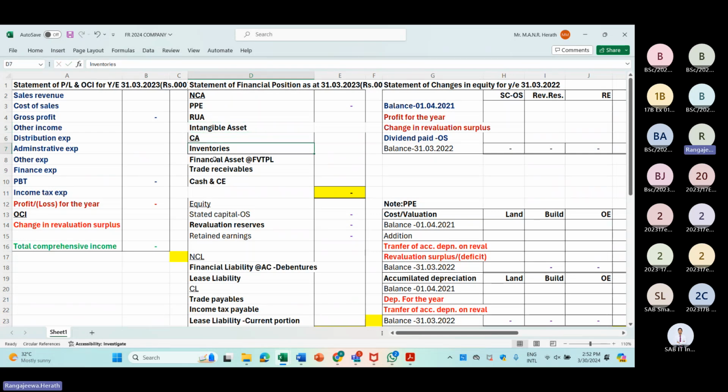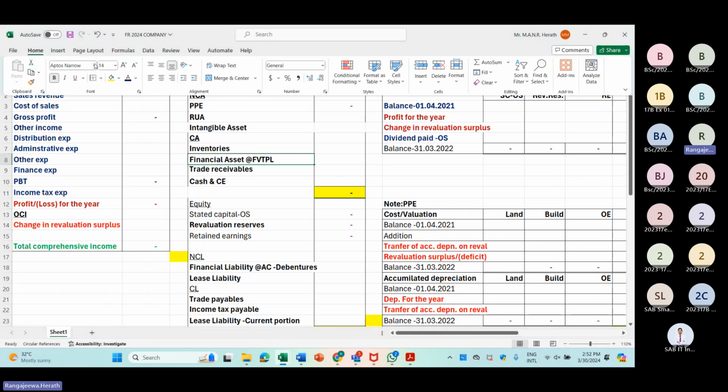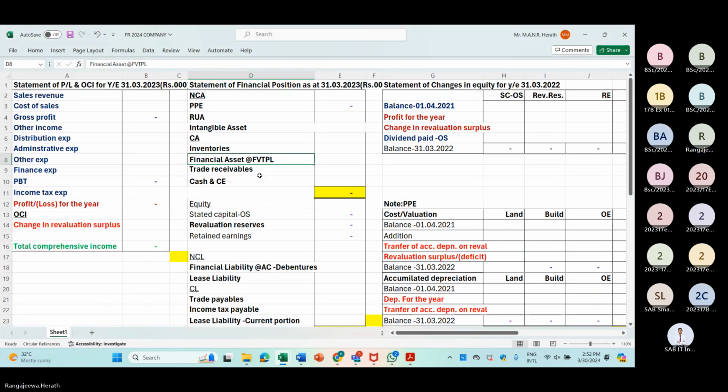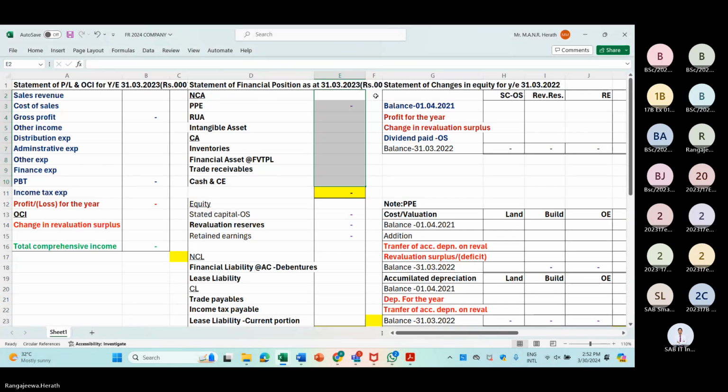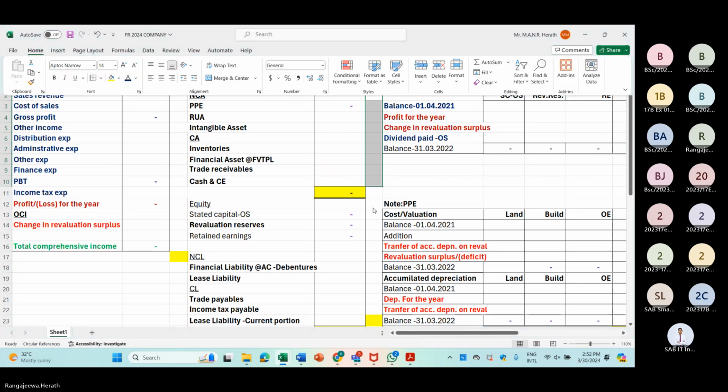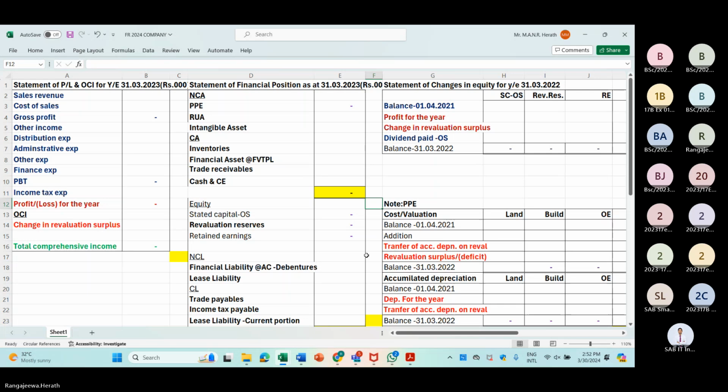Then inventory, we have a financial asset fair value through P&L. Trade receivable, cash and bank. Then non-current liability, we have financial liability and lease liability.